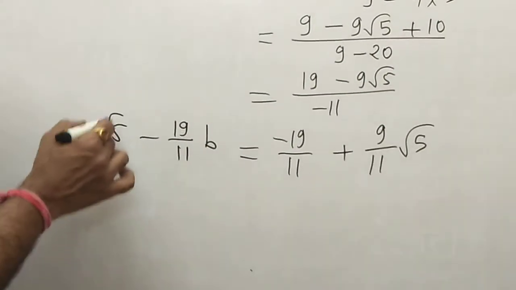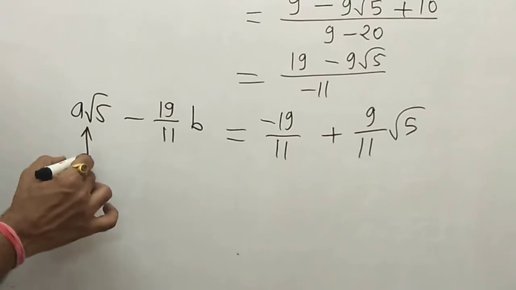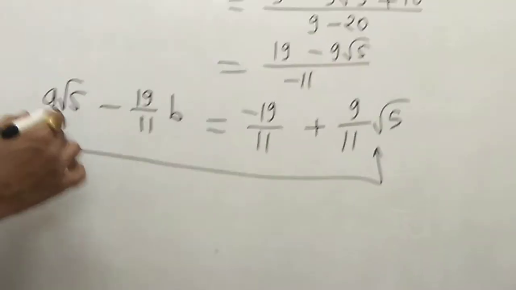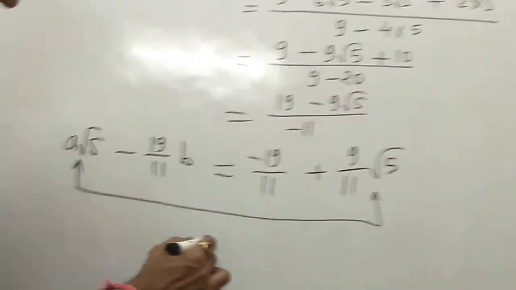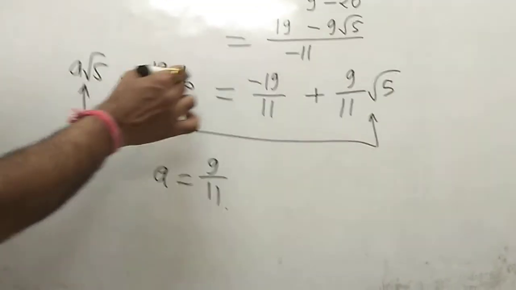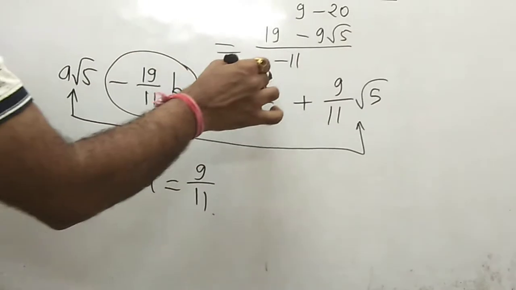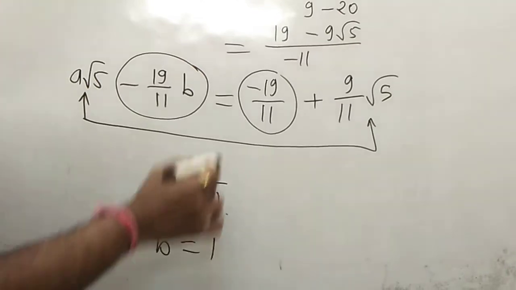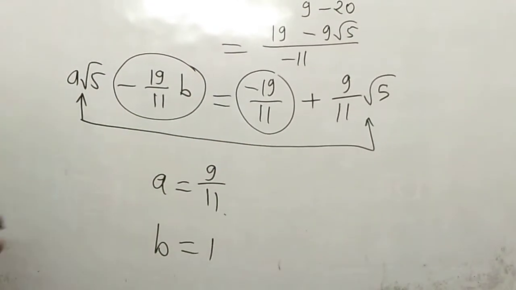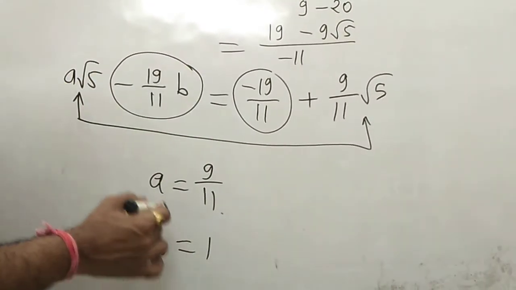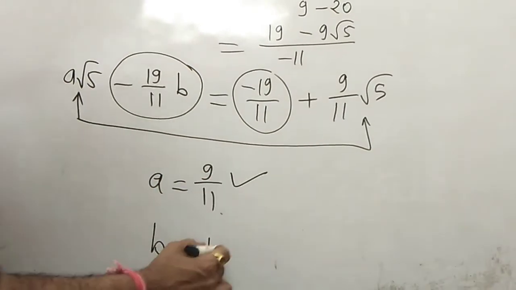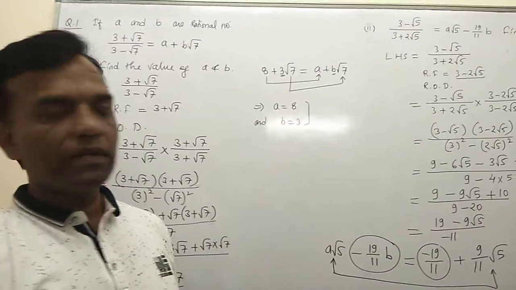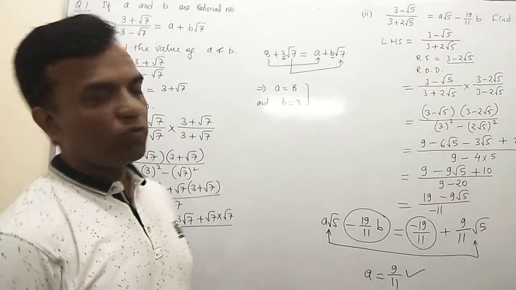We compare the term related with root 5, so a equal to 9 by 11, and similarly the other term is related with the other term. So what is the value of b? Your value of b equal to 1, because 19 by 11 and 19 by 11 cancel out, both having the minus sign. So the value of a is 9 by 11, value of b is 1. In this way you compare both sides and find out the values of a and b.